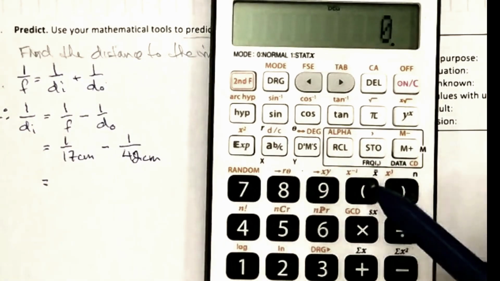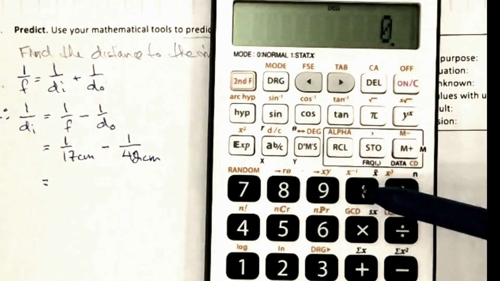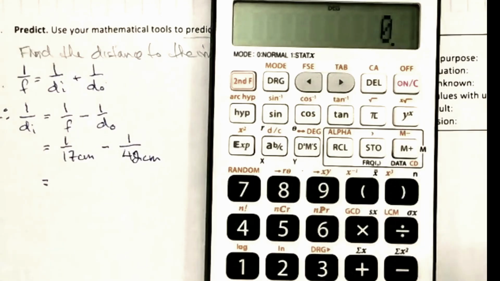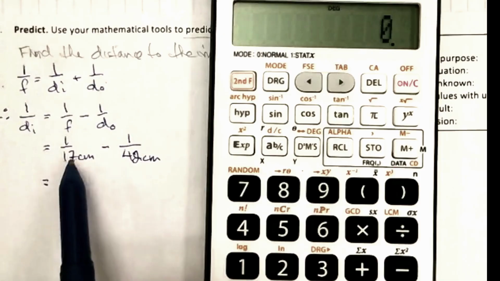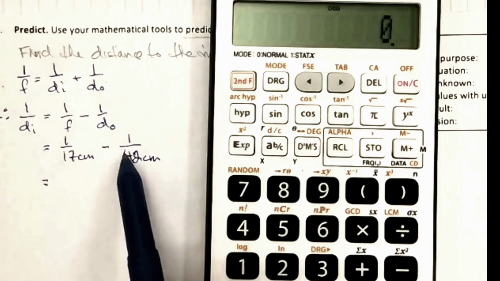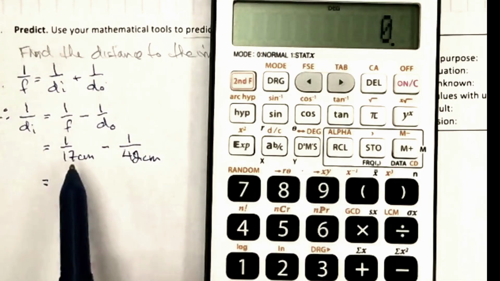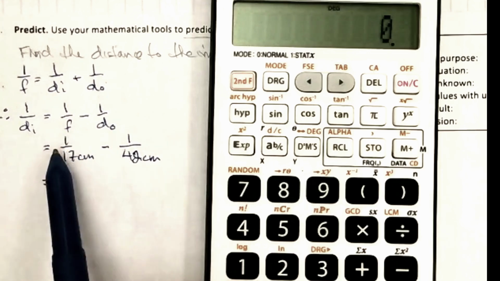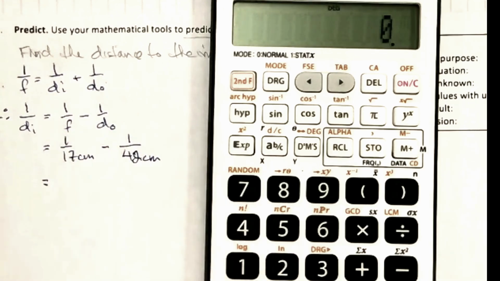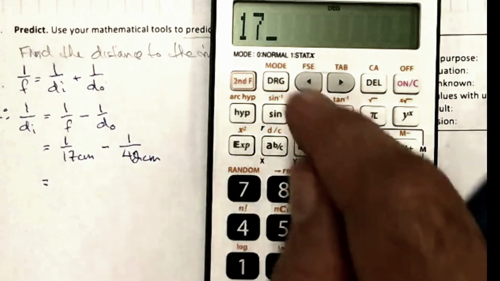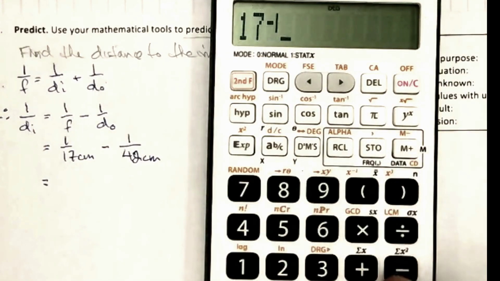On this calculator, it's this symbol here, x to the power of negative 1. I use that by doing second function and then this bracket button. So I'm going to put into the calculator 17 reciprocal minus 42 reciprocal. Then I don't have to worry about punching in 1 divided by this, 1 divided by that.